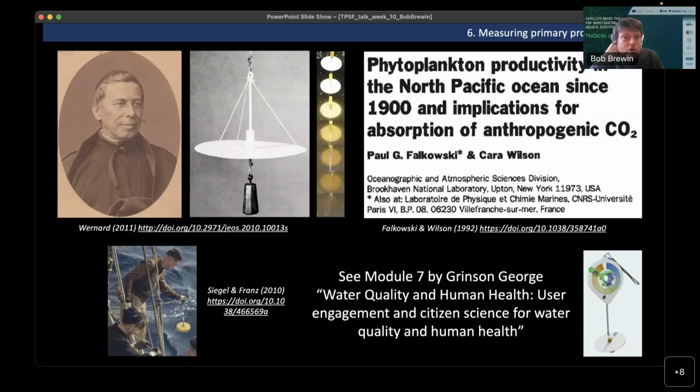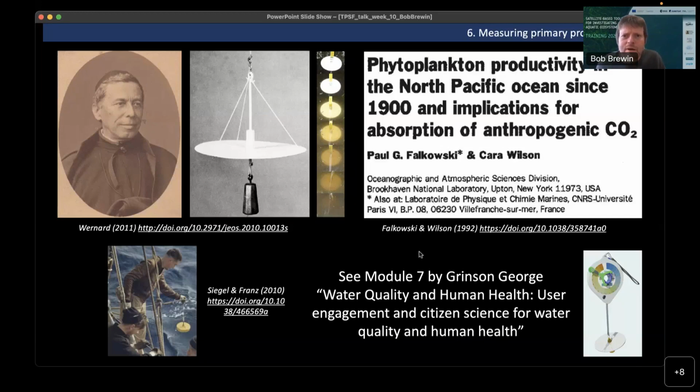Given that there was this long history of Secchi depth observations going back to the late 19th century, there was various work that would relate the Secchi depth to the phytoplankton biomass and then make assumptions about the productivity per unit biomass in order to get an idea of how phytoplankton productivity was changing in the ocean.